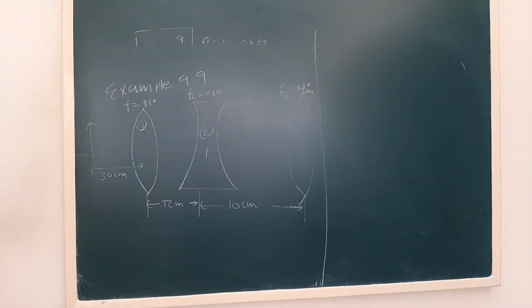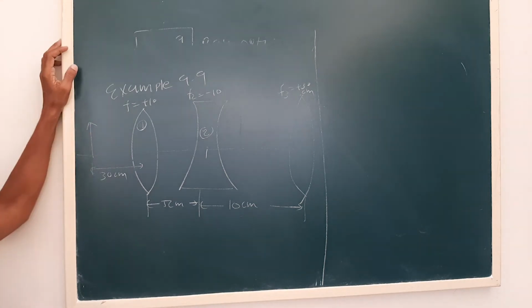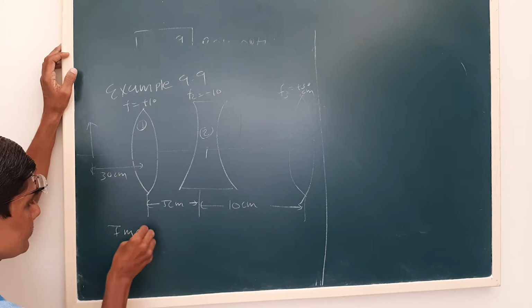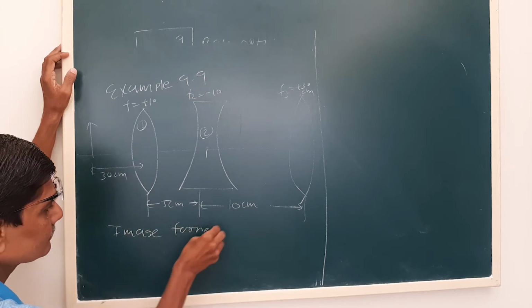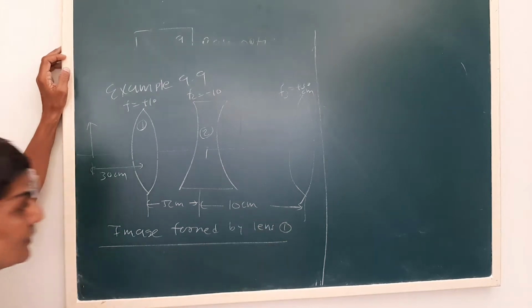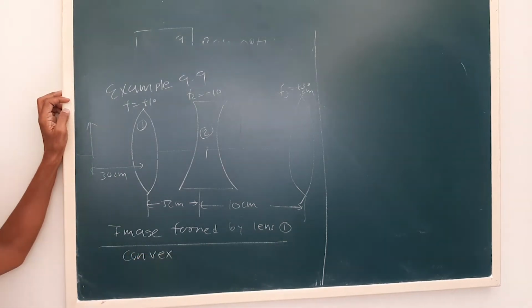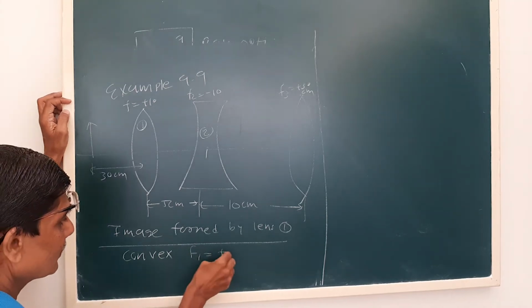Now see here, first we find out the image formed by lens 1. Okay, now lens 1 is a convex lens. Convex lens focal length is positive, f1 is plus 10.